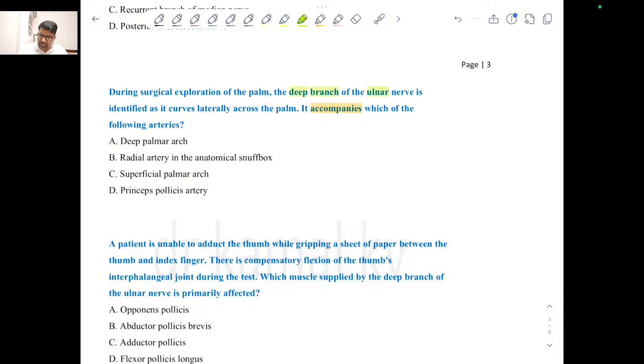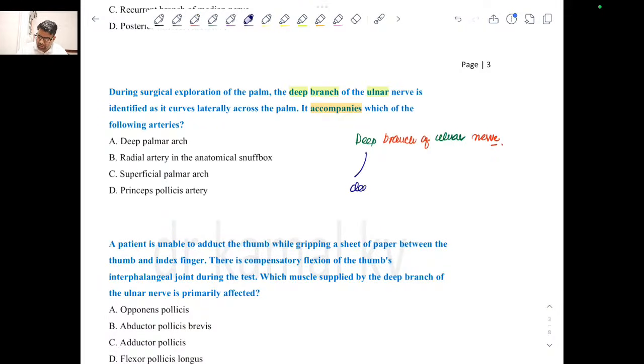So the question is about deep branch of ulnar nerve.